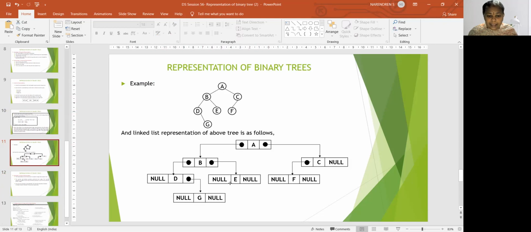The left link creates another node, the B node, which again has a left and a right link. If it is creating a further node, it goes to the next one. If it is not creating one, we have to put a null address. The leaf nodes automatically will have a null address because they do not create any nodes. Similarly, it has to be created like this.